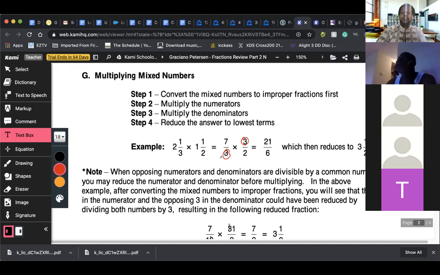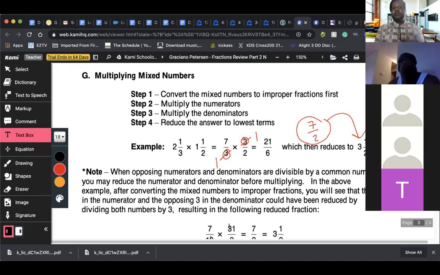So we can reduce both of those 3's, right? 3 divided by 3 is 1. 3 divided by 3 is also 1, and change both of those 3's to 1's. So now we just have 7 times 1, which is 7, and 1 times 2, which is 2. So we have 7 over 2, which we know can be converted into 3 and 1/2.